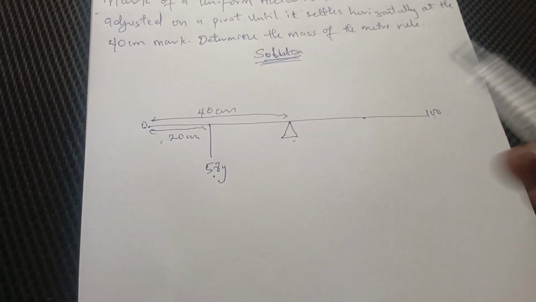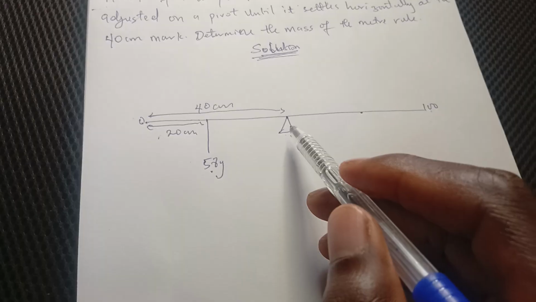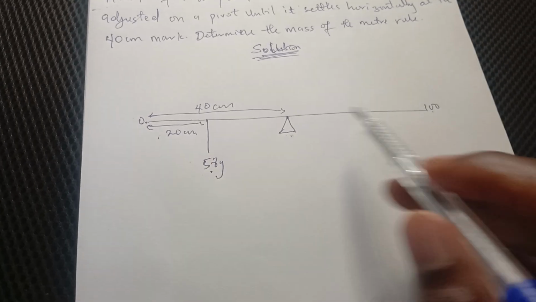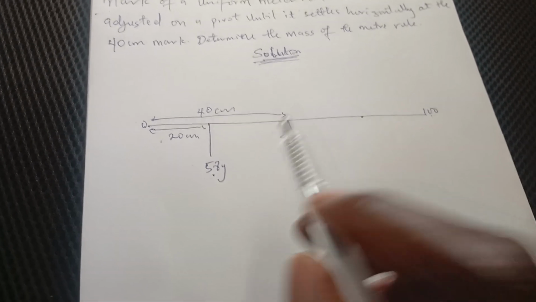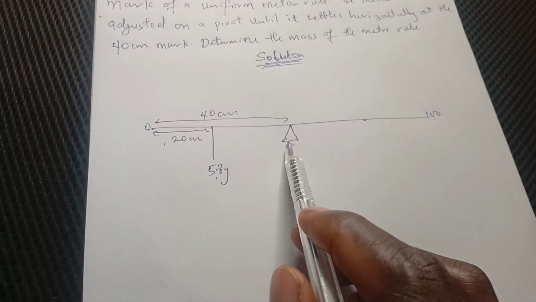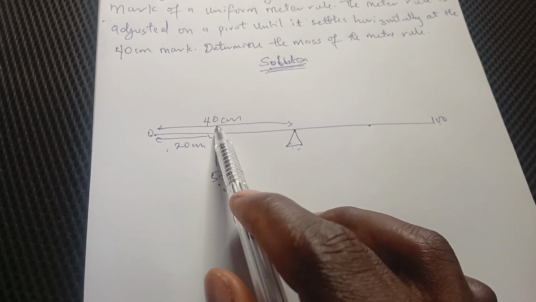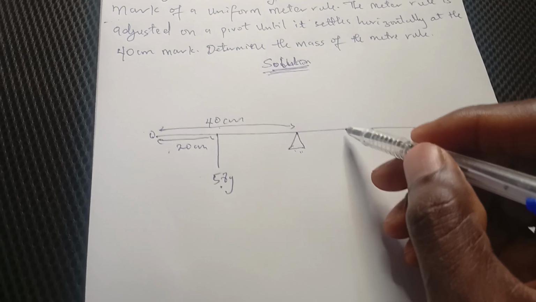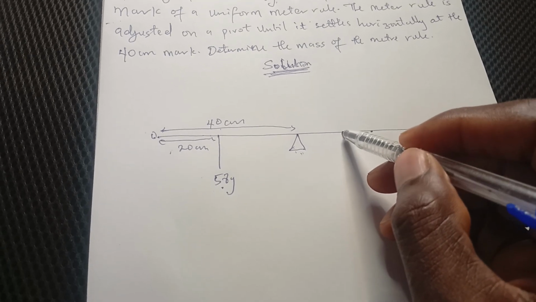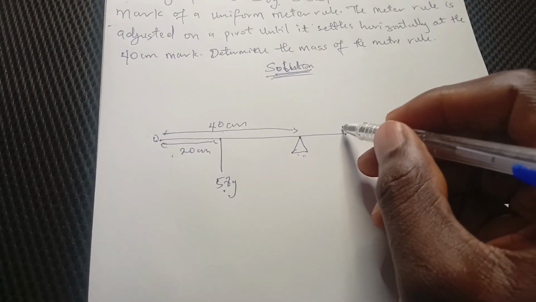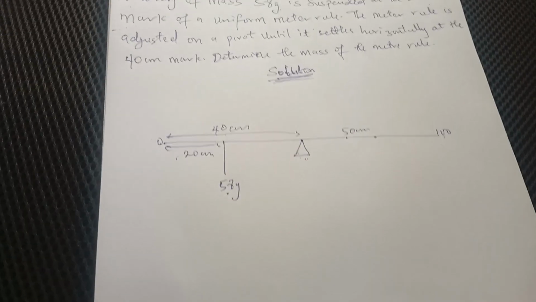We always know that the center of this meter rule is 50, but we claim that this meter rule balances at 40 centimeter. So the center of this ruler should be somewhere here. Let's assume this is the 50 centimeter mark.